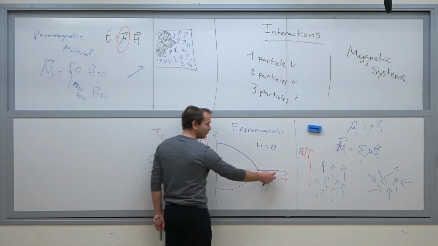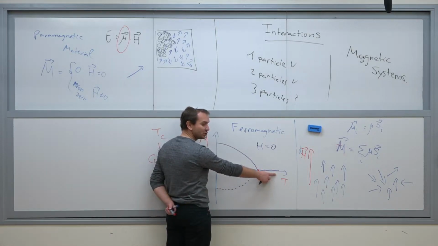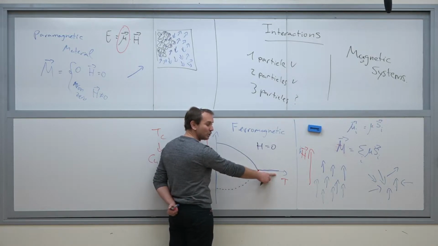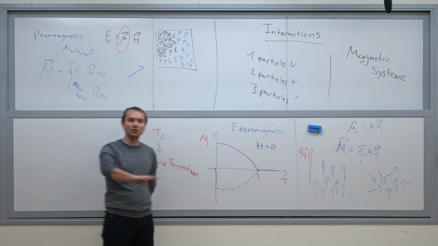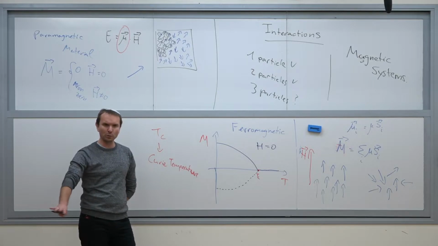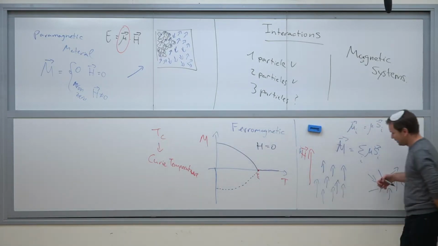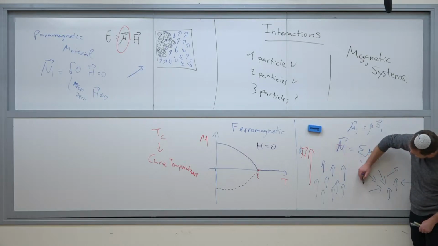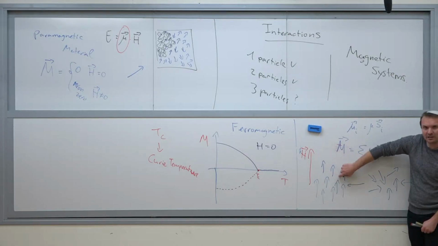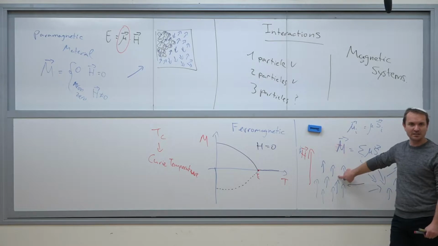Because we can start from high enough temperature, where there is completely no order and no magnetization, and we eventually go to this case not by applying an external field.